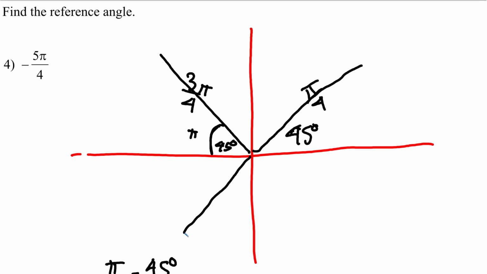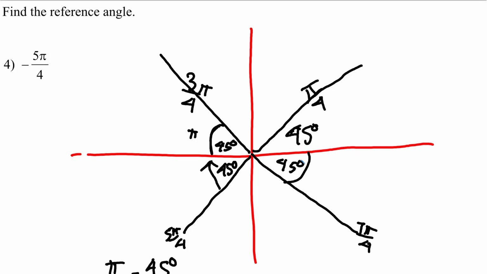If the angle is down here at 5 pi fourths, the reference angle is 45 degrees. If you're over here at 7 pi fourths, the reference angle is 45 degrees. So it doesn't even matter where that is. Because it's a pi fourths, the reference angle will be 45 degrees.